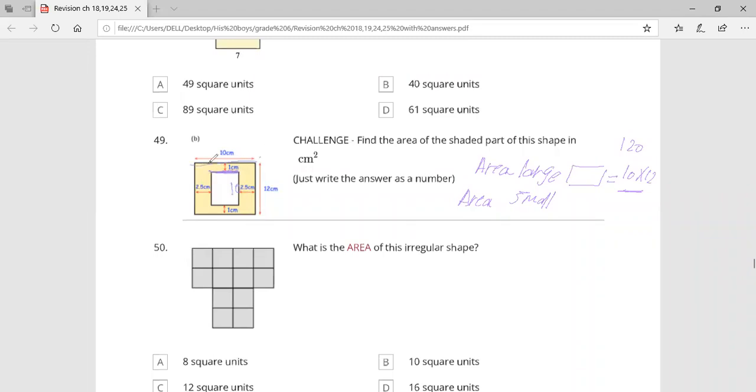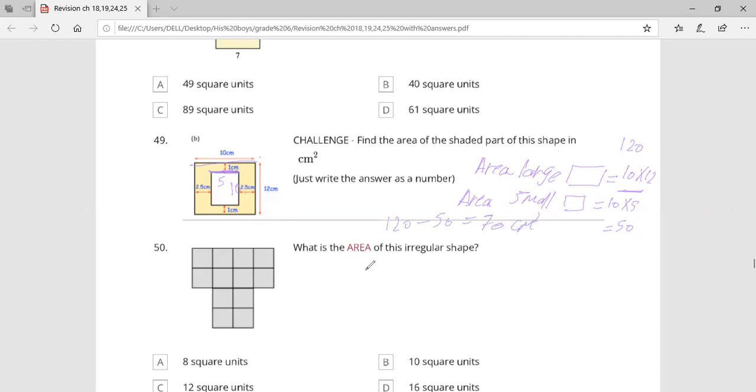Here is 10 cut 2.5, also cut 2.5. You get 5. The small rectangle is 10 multiplied by 5, which is 50. We subtract 120 minus 50. We get 70 centimeter square, and so on.